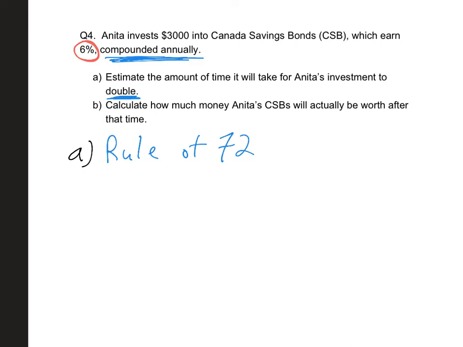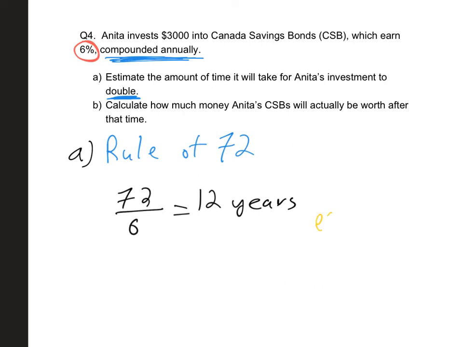Our investment earns 6% interest, so we're going to take 72 and divide it by 6. 72 divided by 6 is 12. So the estimate is it should take 12 years for this investment to double its value.